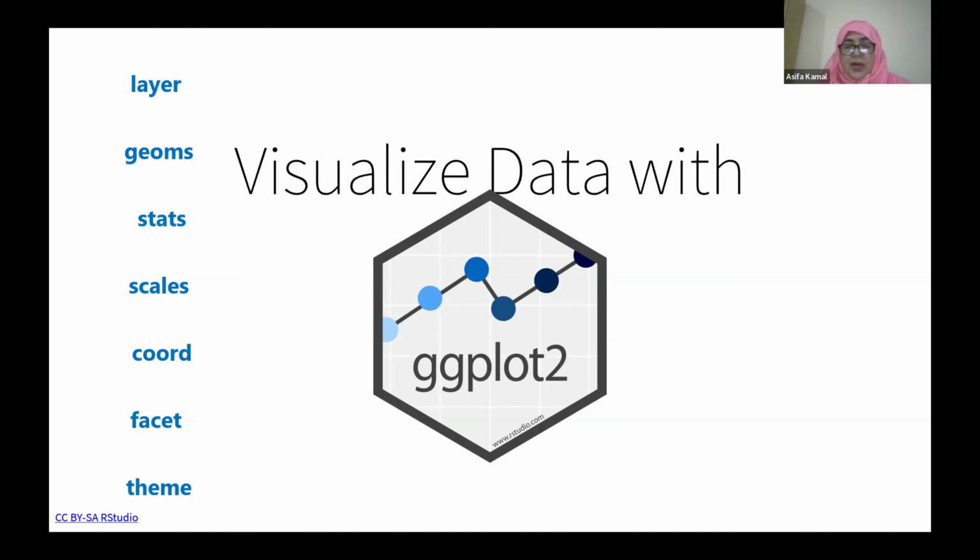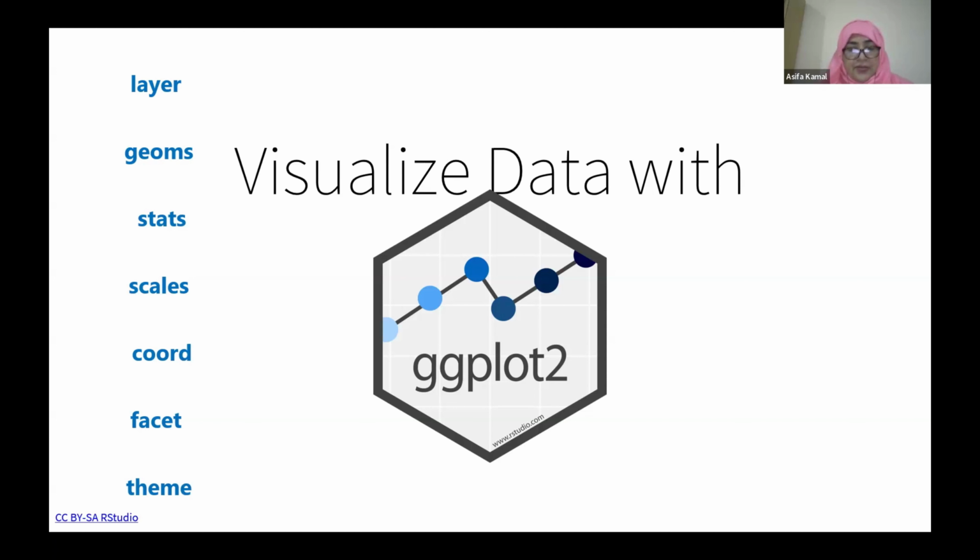A coord, or coordinate system, describes how the coordinates are mapped to the plane of the graphic. It also provides axes and grid lines to help read the graph. We normally use the Cartesian coordinate system, but many others are also available, like polar coordinates and map projections.